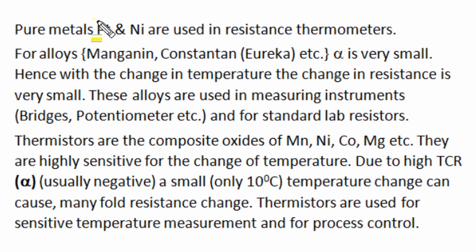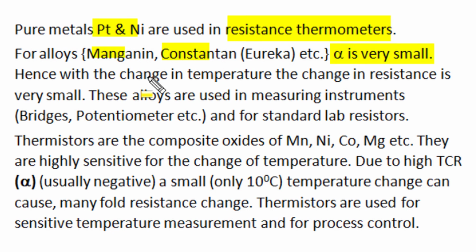Pure metals like platinum and nickel have a linear and appreciable change in resistance value with change of temperature, and they are used in resistance thermometers, where we measure the change of resistance in a platinum wire or nickel wire and obtain the change in temperature. Now certain alloys like manganin or constantan have a very small value of TCR.